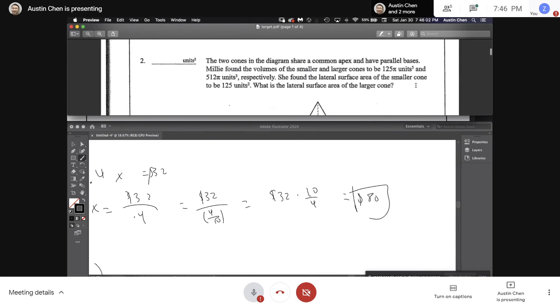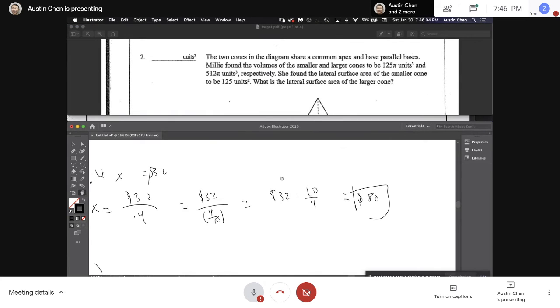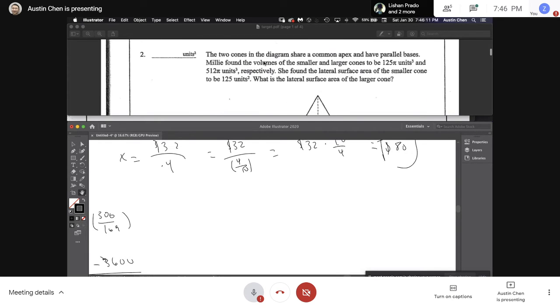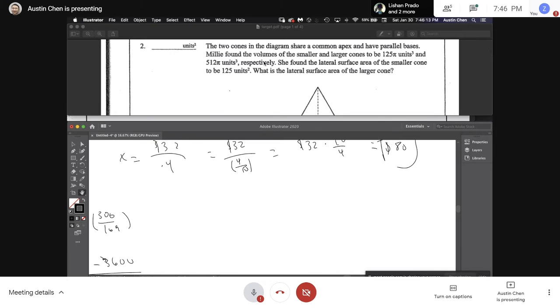The two cones in the diagram share a common apex and have parallel bases. Millie found the volumes of the smaller and larger cones to be 125 pi units cubed and 512 pi units cubed, respectively. She found the lateral surface area of the smaller cone to be 125 units squared.